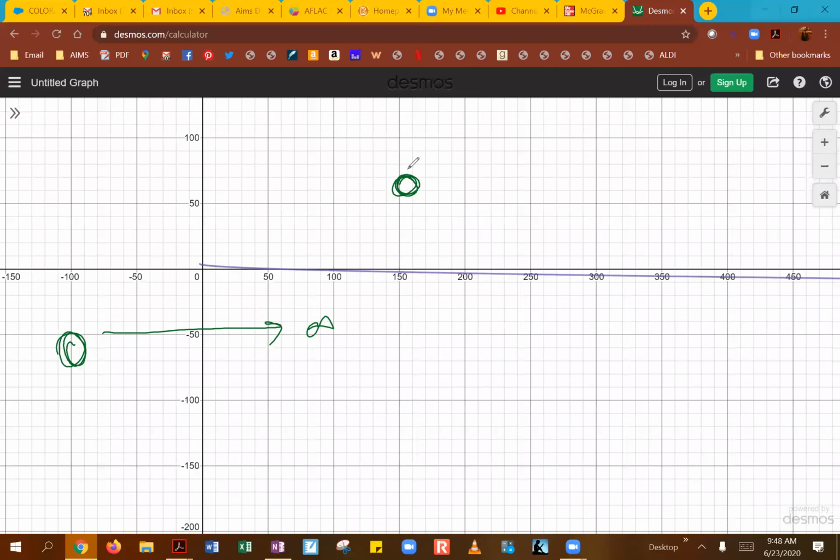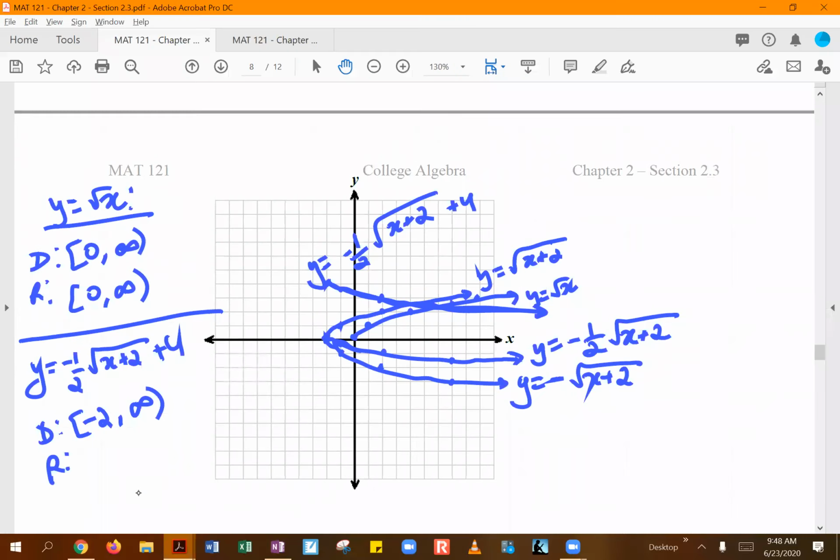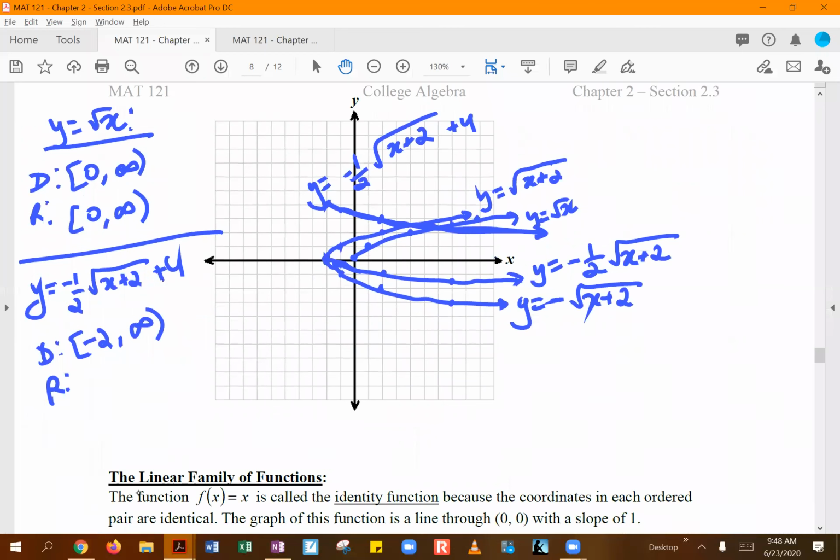Technically you're going from 4 to negative infinity, but basically the way you write this, you are going from negative infinity to 4, including 4, because the idea is you're coming down and you're stopping right there at +4. So you can see by the time we got all the transformations done, your domain also changed and range also changed.